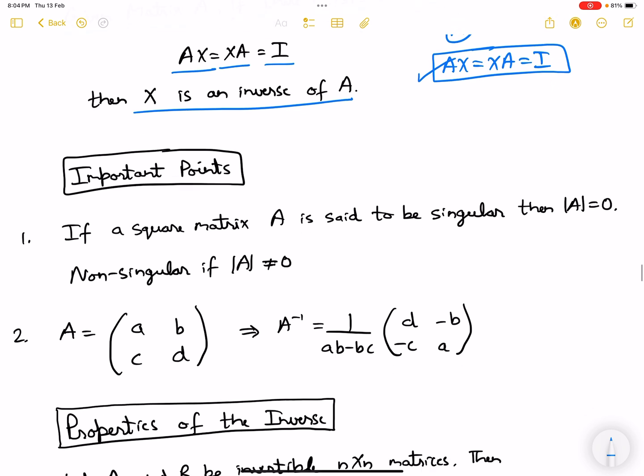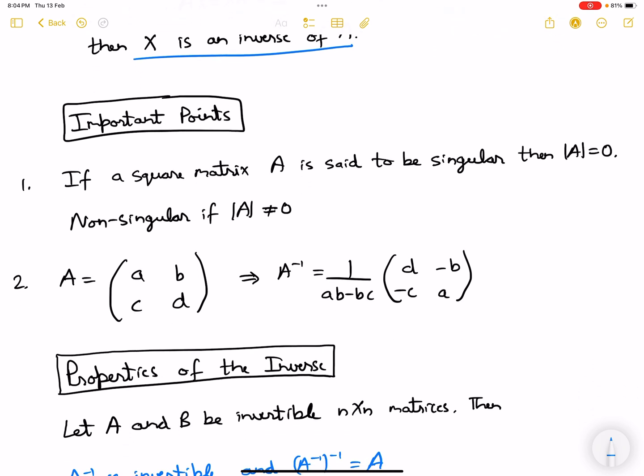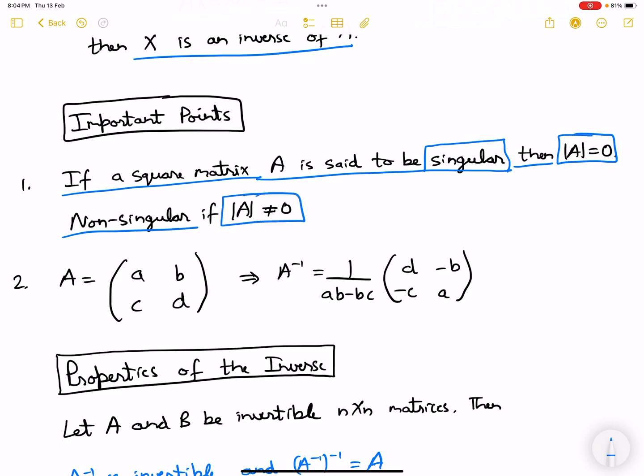Now some important points. A square matrix A is said to be singular if determinant A is 0. It is called non-singular if determinant A is not equal to 0.